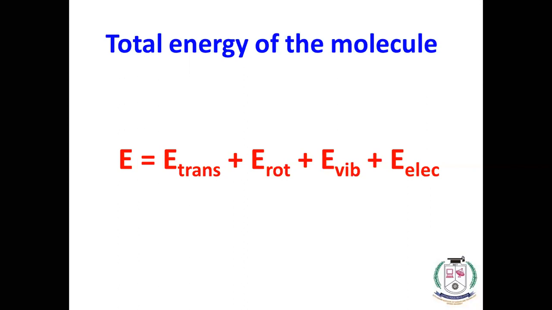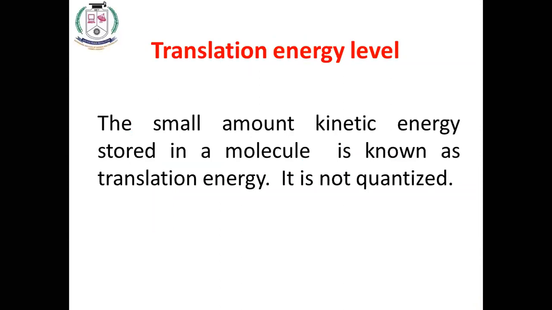In rotational spectroscopy, we are neglecting this translational energy. The translational energy level is the small amount of kinetic energy stored in a molecule. For gaseous molecules, it will be considerable. For liquids, it will be very less.